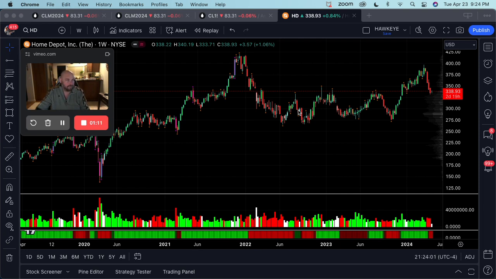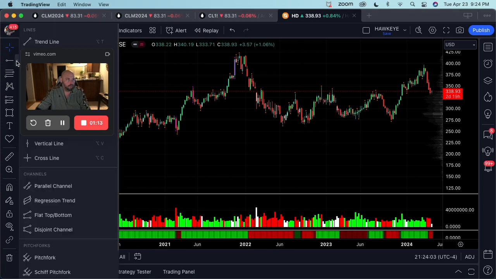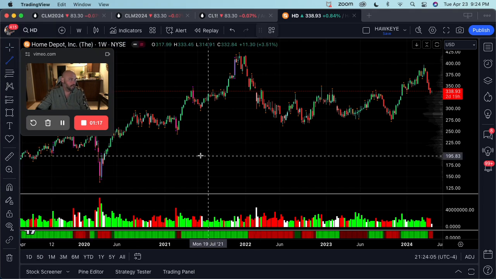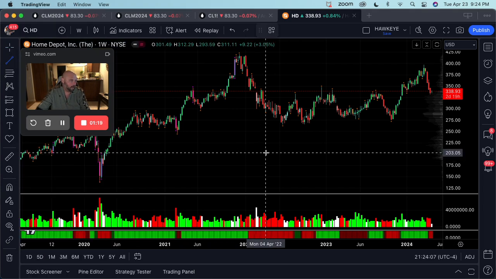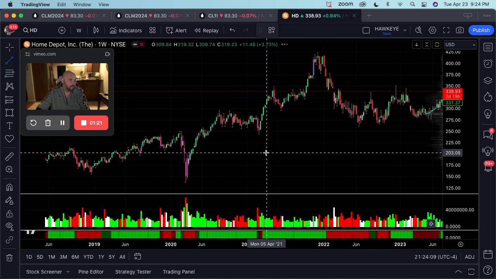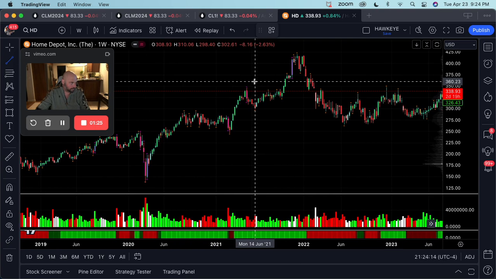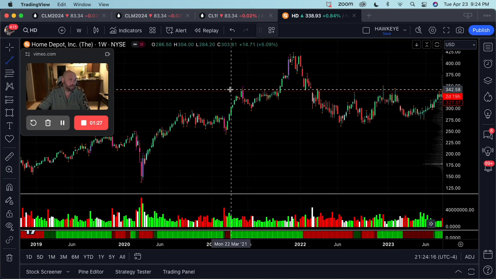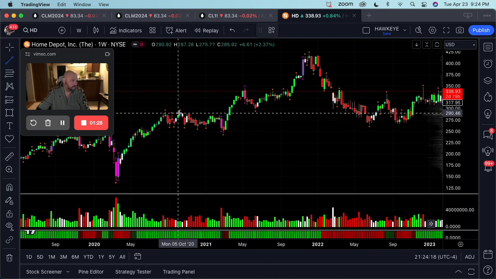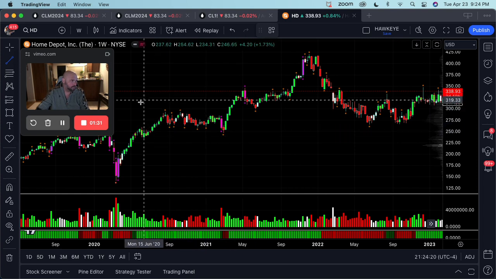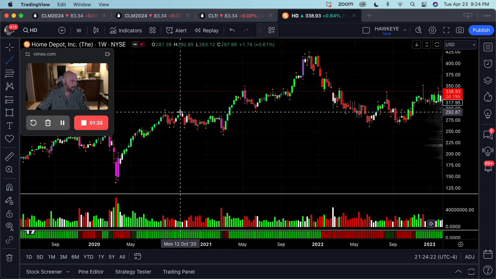So let's dive into what my thought process is on this, so that you have a better view. Again, this is Home Depot, 1 week chart, and we can look at this from a couple different perspectives. I'm going to dial right into this price action right here because this jumps out to me.